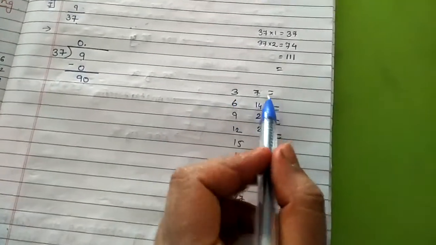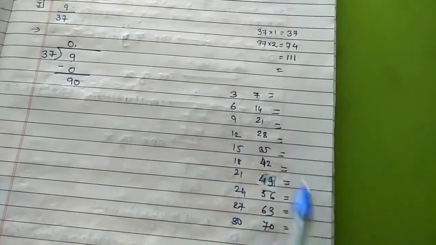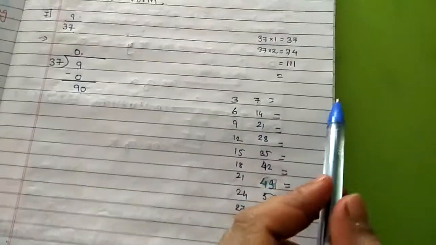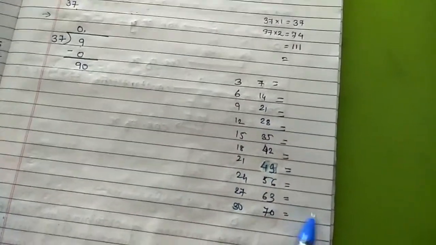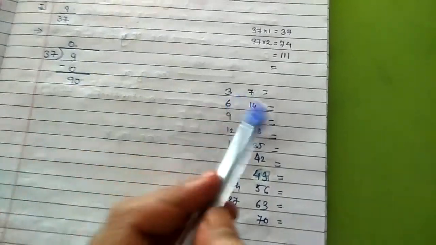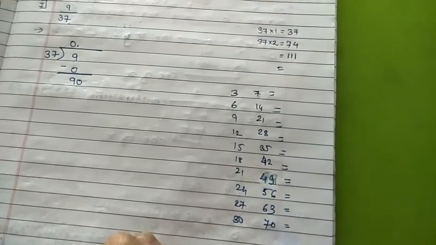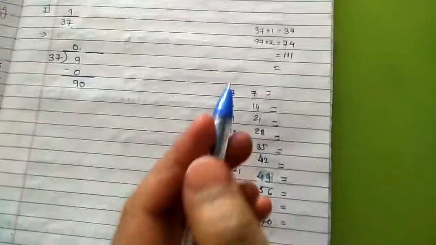Now what you have to do here is, at the unit place of the second number, whatever numbers appear in the unit place, all those numbers you have to write down. The second number here is 7. So in the 7 table, on the unit place, whatever numbers are there, we have to write down all of them.